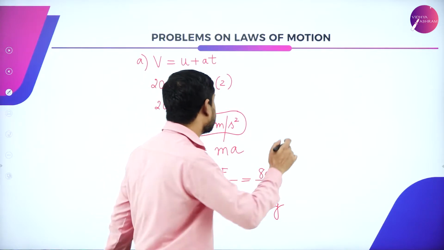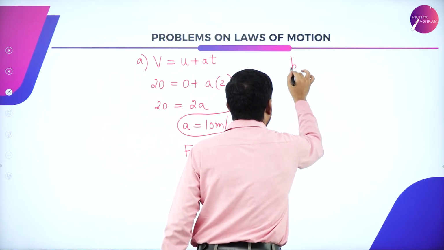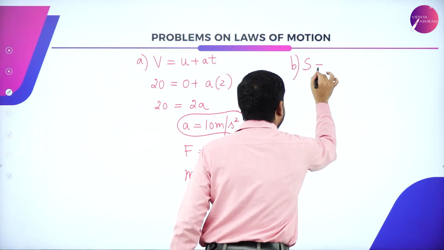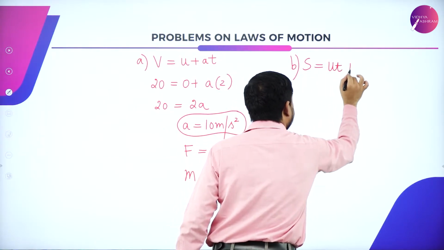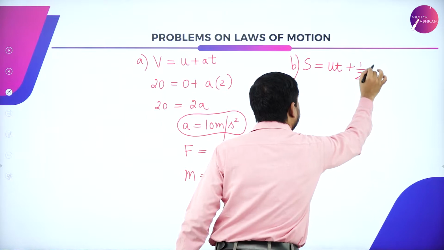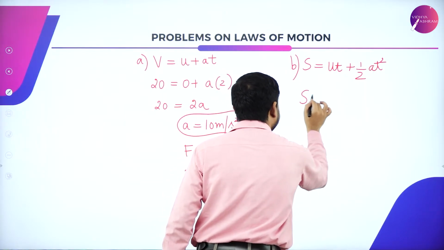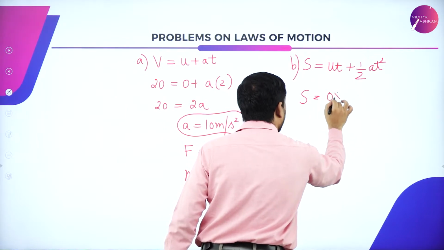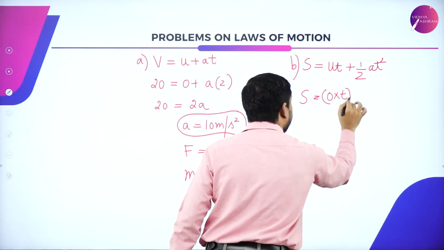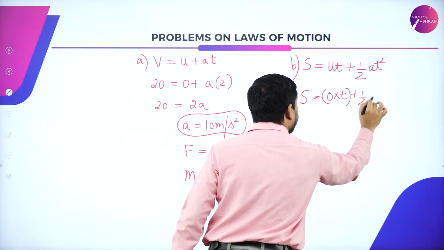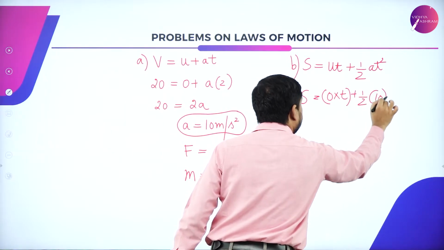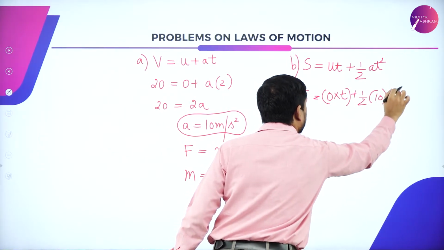Finally, distance traveled by the body. We have S equals UT plus half AT square. 0 into T plus half into 10, T square is 2 square.